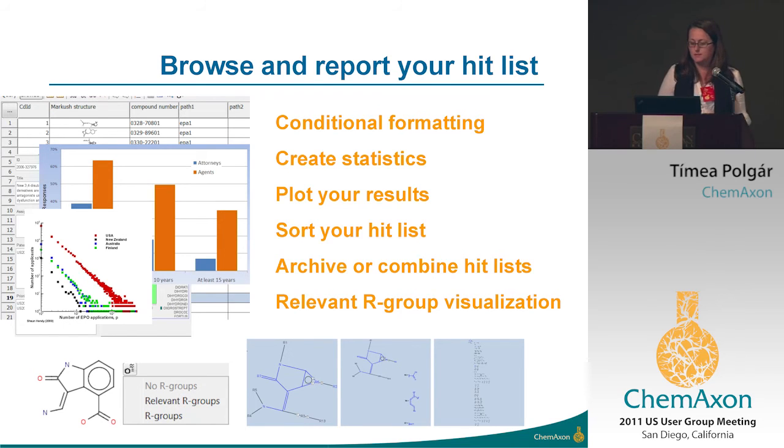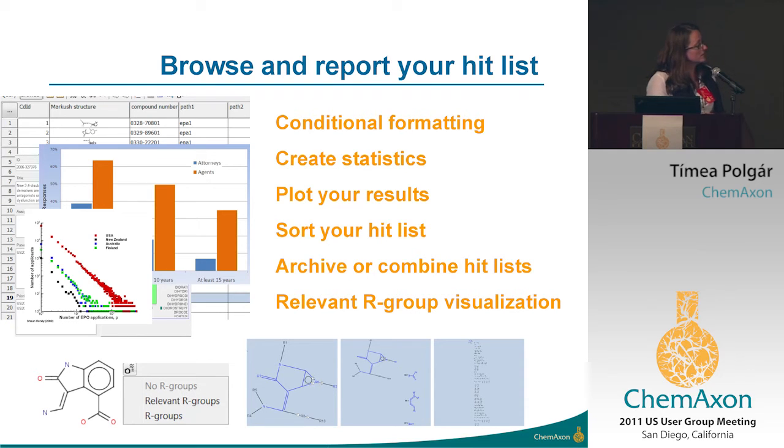When you have the hit list, you can use these formatting options. You can create statistics, the conditional formatting. You can plot your results, sort your hit list, and archive or combine the hit list.